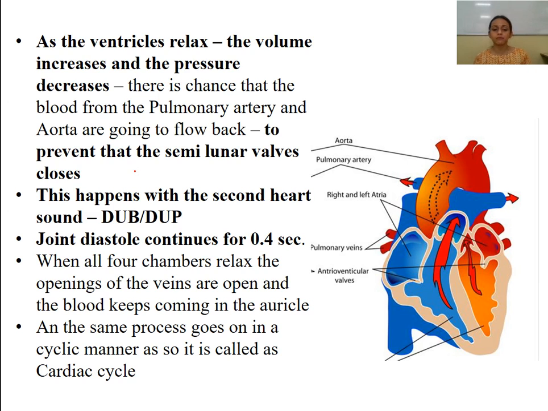This happens when the semilunar valves of the pulmonary artery and the aorta close. Now this joint diastole, when all the four compartments are in a relaxed position, continues for 0.4 seconds.